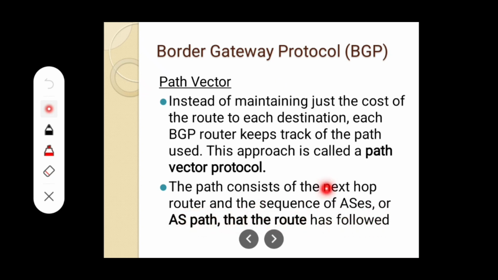The path contains the next hop, and along with the next hop, it gives the sequence of autonomous systems. Each autonomous system has a unique identification number that is given along with that route. Clear? So this is called the path vector method.